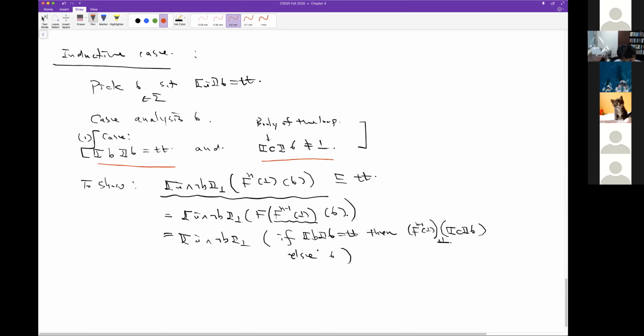Okay. What does that tell us? Then we only get this branch because the condition is true, and also the command part is a state, not a bottom. This whole thing is going to be the same as just F^(n-1) bottom of C of sigma.